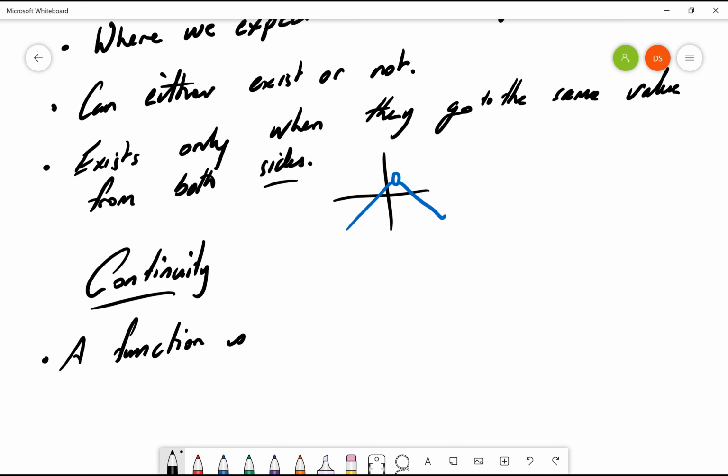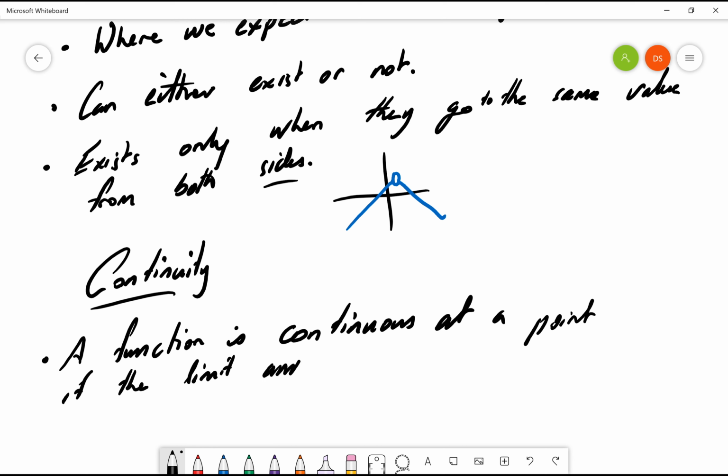A function is continuous at a point if the limit and the function have the same value.